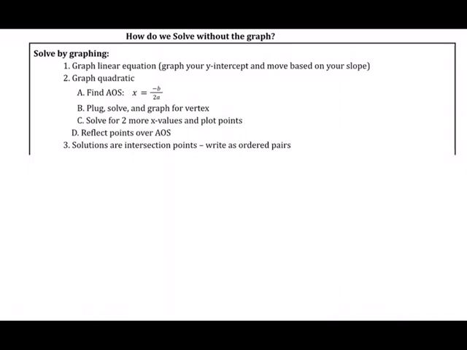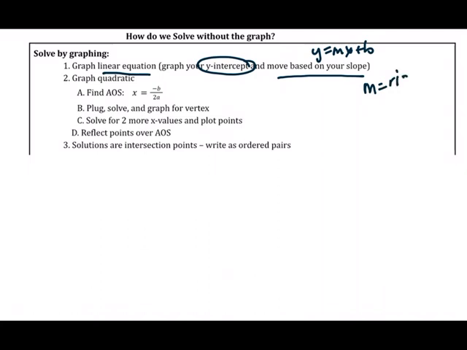So we're going to start by graphing our line. You can, of course, graph your quadratic first, but hopefully graphing the line is going to be a little bit more efficient. We know that in slope-intercept form, y equals mx plus b, and regardless of what form it is in, the first thing we really want to do is find our slope and find a point. That point could be the y-intercept. It could be any other point, but we want to find our slope, find our point.